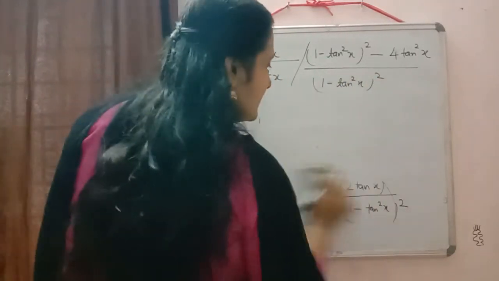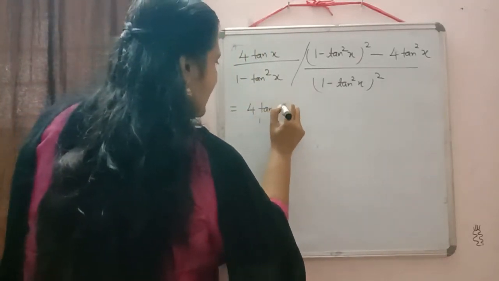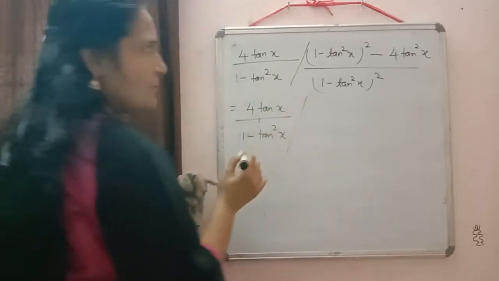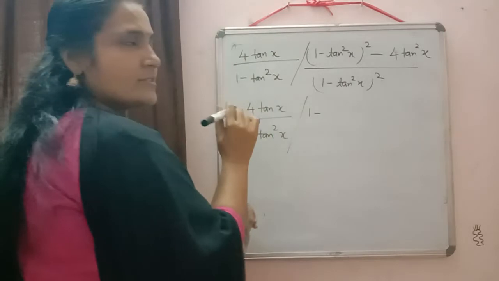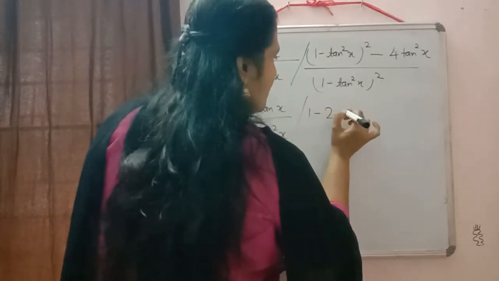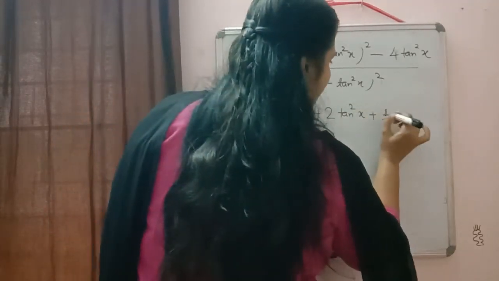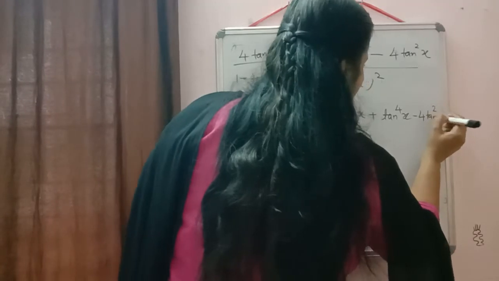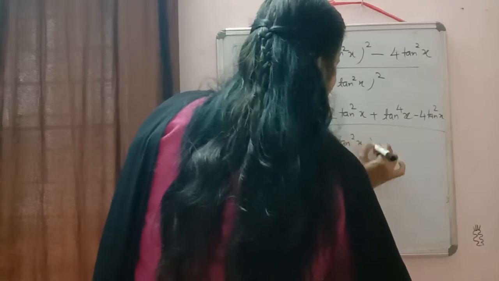Now we can use the identity in denominator. 4 tan x, numerator we will write as it is, 1 minus tan square x divided by, here it will come 1 minus, a minus b the whole square. So a square minus 2ab, so minus 2 tan square x plus b square. So tan square x the whole square will be equal to tan raised to 4x, minus 4 tan square x by 1 minus tan square x the whole square.